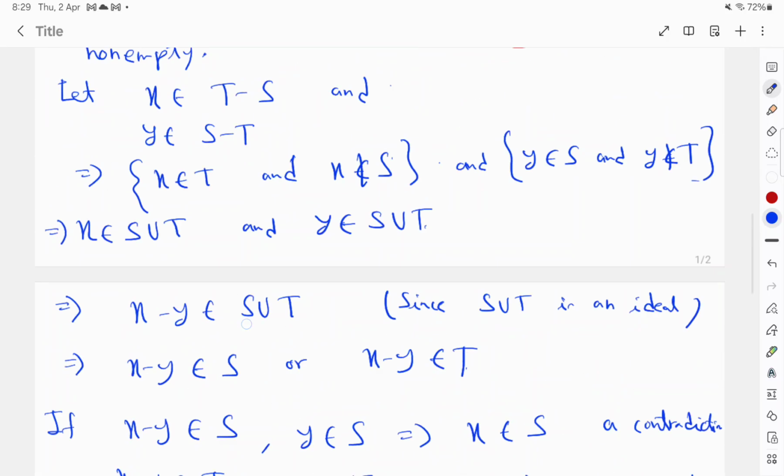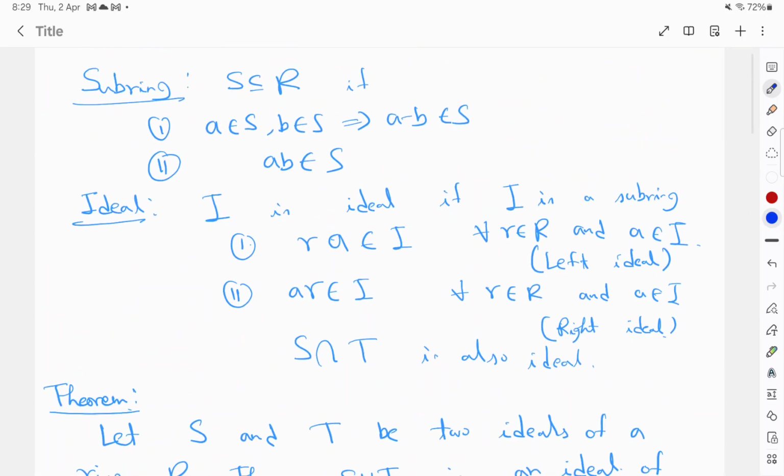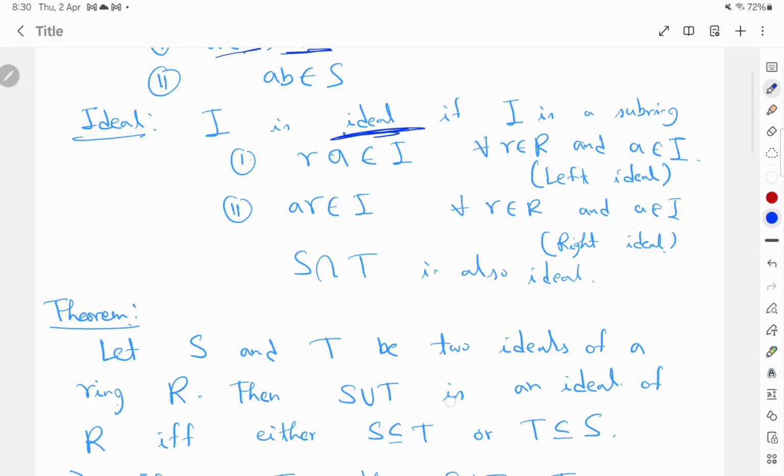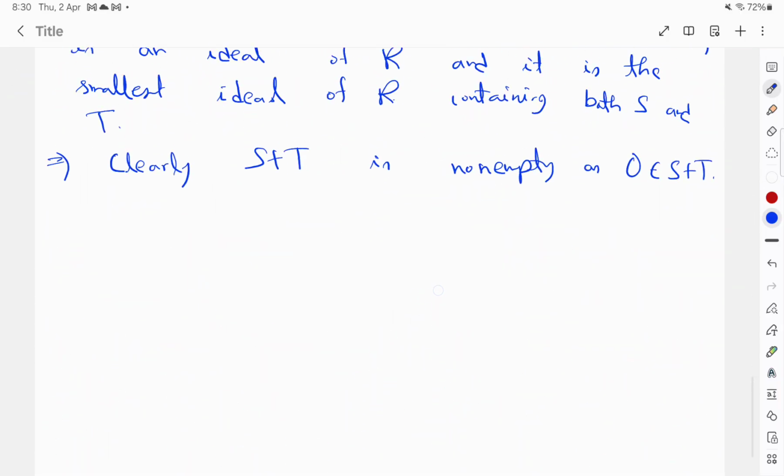Okay, and remember this property: whenever you have to prove an ideal, you prove the subring property and then the property that r times a belongs to S, where r is from R, which is more than your S or I. That is enough, right? So you have to prove the addition one, subtraction one, and then this ideal property, then it will be done.